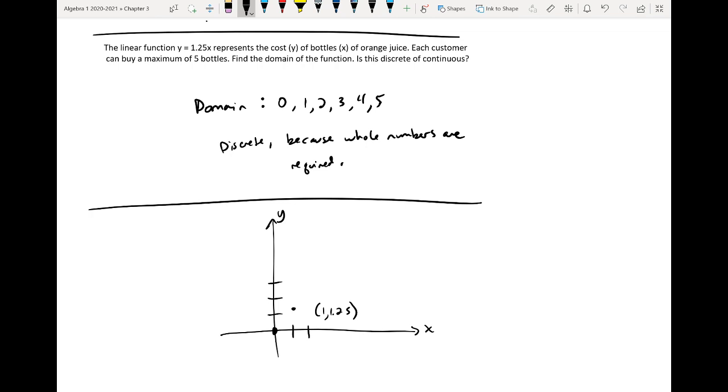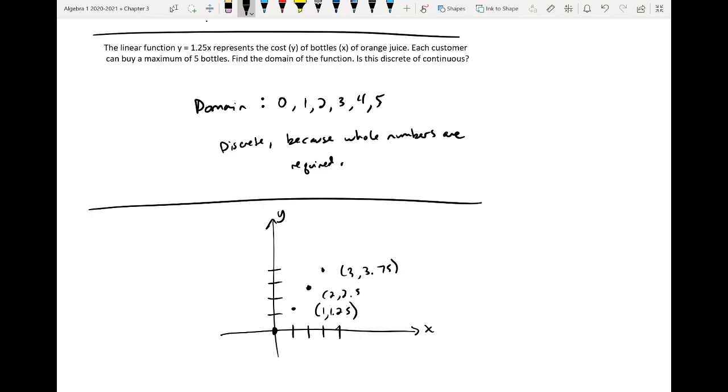Okay? At 2, I'm going to have to go up 1, 2, and a half, right? So 2 comma 2.5. Then 3. It's almost 4, but not quite, because 3 times 1.25 is 3.75.